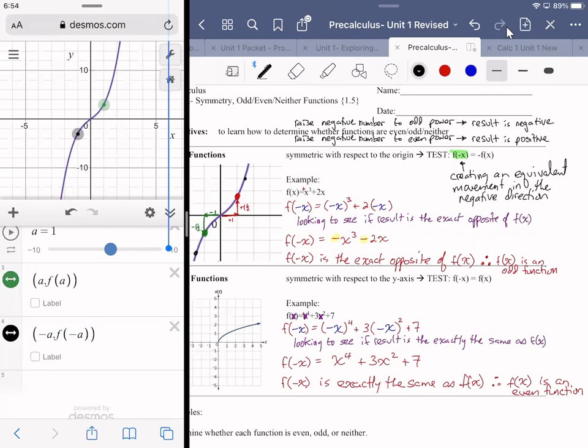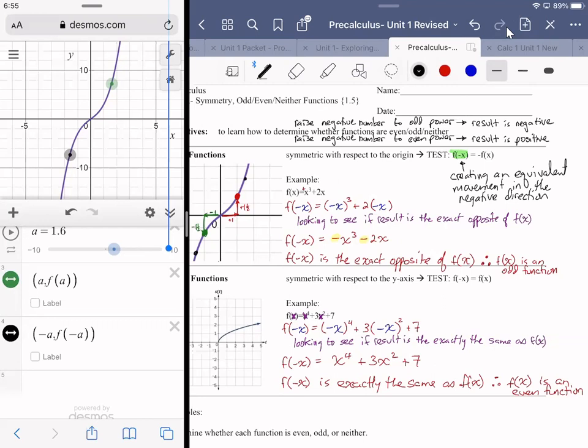Correspondingly, by this rule, I must have another point that's 1 unit to the left of the y-axis. If I move this to, actually, let's make it 1.6 because that's where it landed, 1.6 units to the right, then I would necessarily also have to have a point by this rule that is 1.6 units to the left of the y-axis.